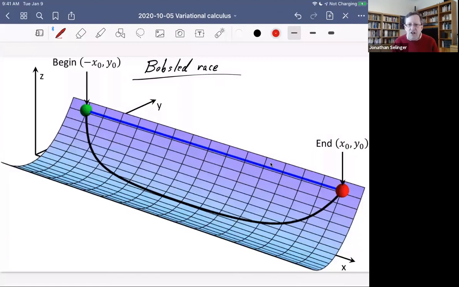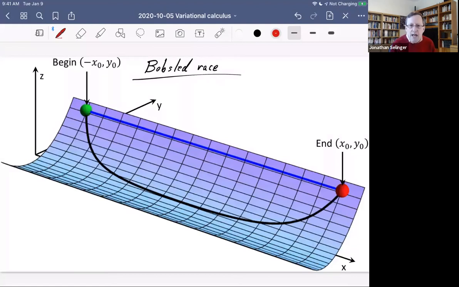In the last class, I started talking about this math lesson of variational calculus. That is, how do you minimize a function of a function?